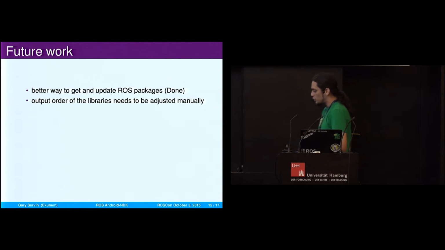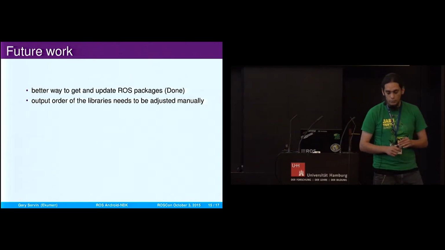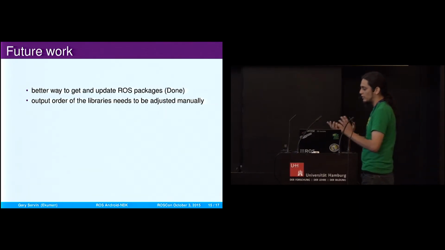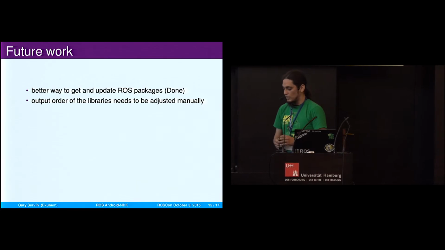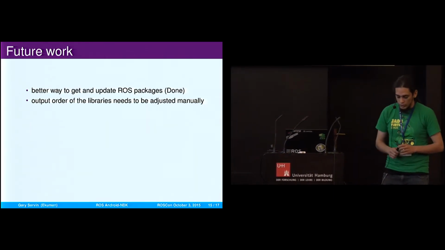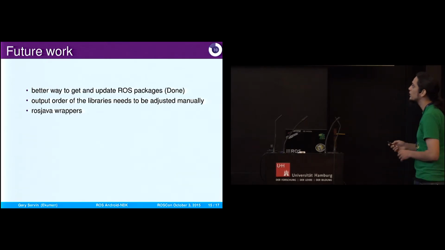There is one issue we're having right now: we need to manually adjust the order of the libraries in order to build the final library. This is being worked on, and it's almost finished.